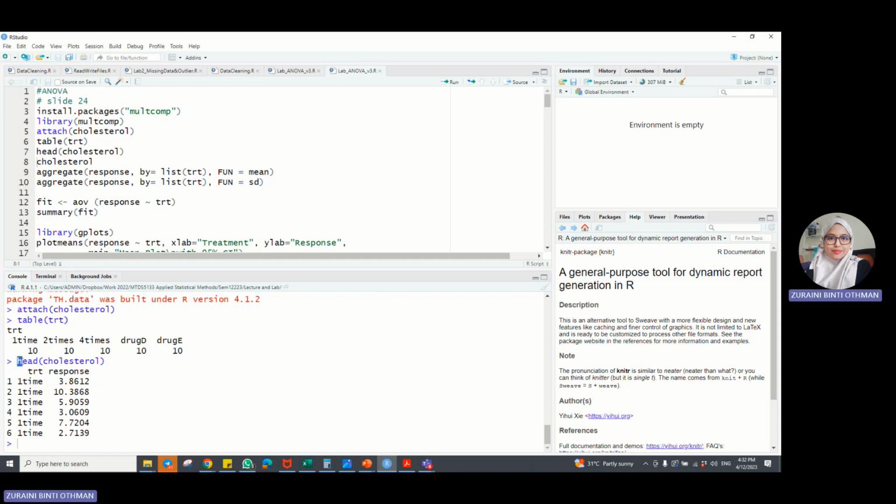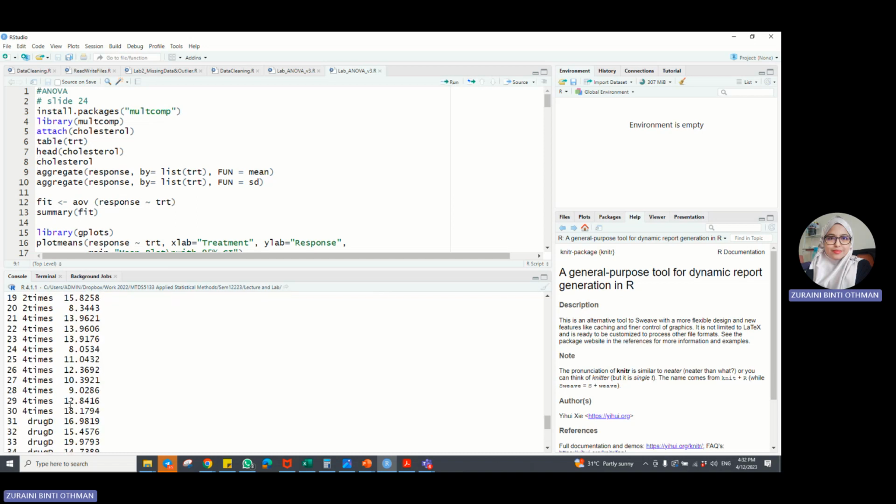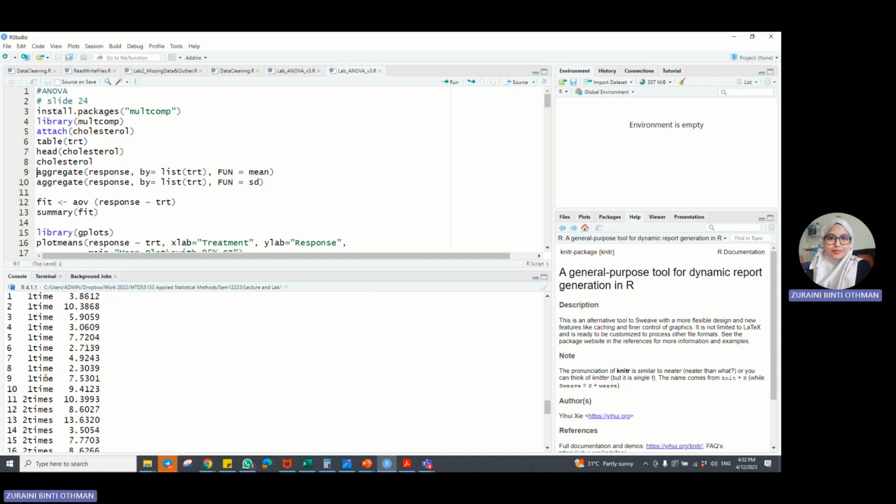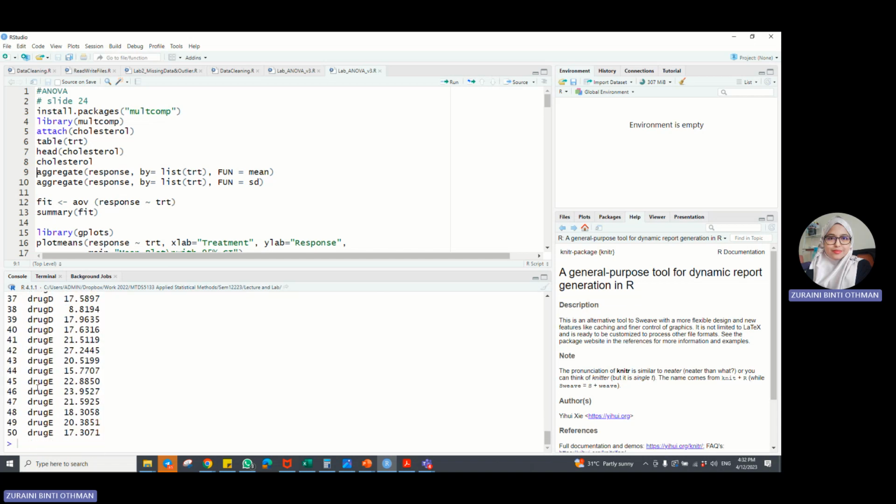Because the head will only show the first six items, if you want to look at all the data for the cholesterol, you can see it like this: the treatment, and this is the response to treatment, and so on, and for drug D and drug E also.